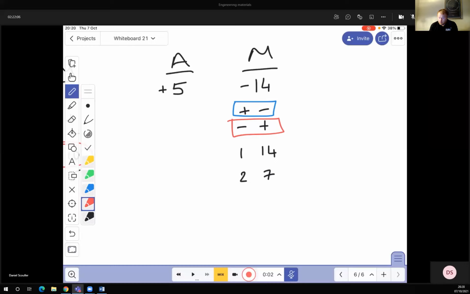Okay, so we want to use the terms negative 2, positive 7. Okay, that's a wee bit trickier, that one, but does that make sense?